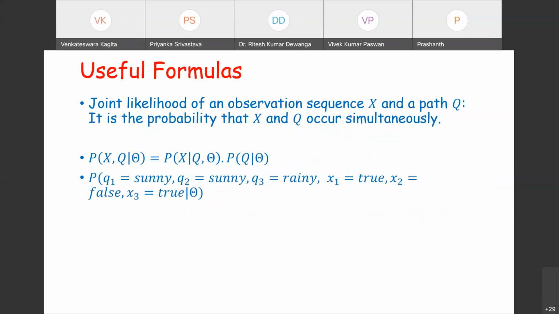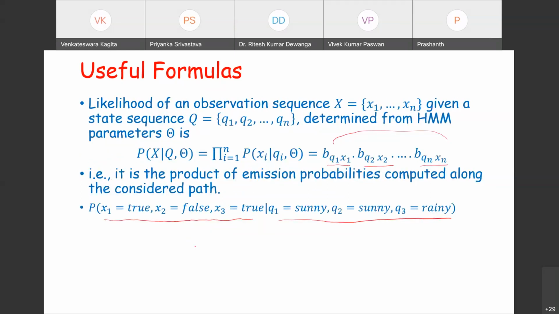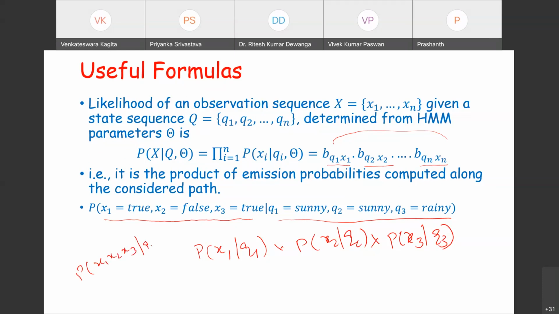This can be written as the probability of x1 given q1, where x1 is true and q1 is sunny, times the probability of x2 given q2, times the probability of x3 given q3. Which is the probability of x1, x2, x3 given q1, q2, q3.